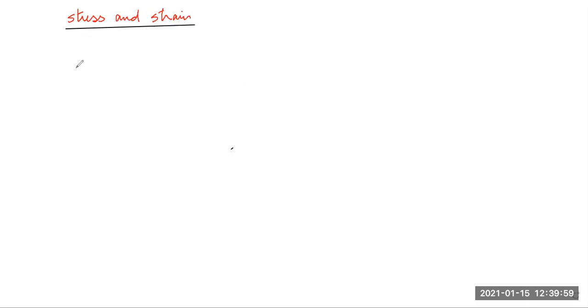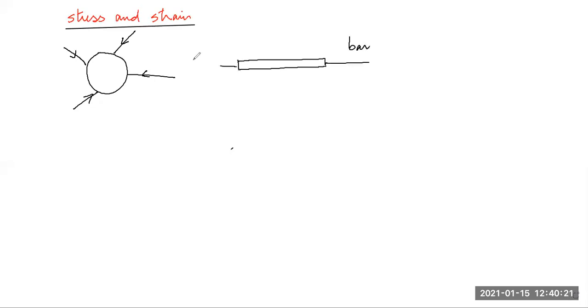Whenever a body is applied with some external forces, the body may be spherical in shape or the body may be like a bar. We may apply external forces, tensile force or compressive force.